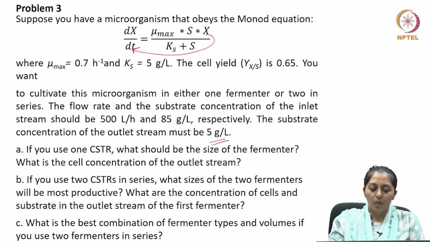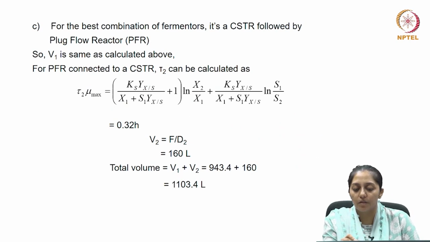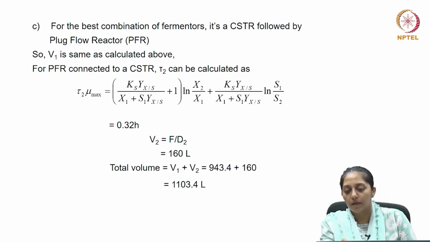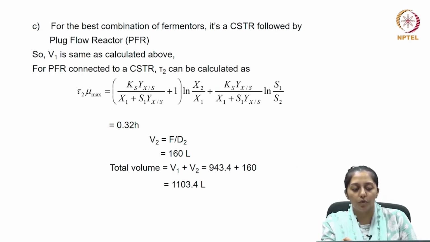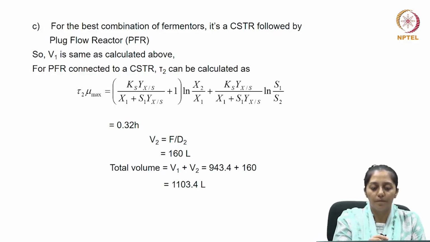Third part, what is the best combination of fermenter types and volumes if you use two fermenters in series? Now, for the best combination, it is a CSTR which should be followed by a PFR that we know.